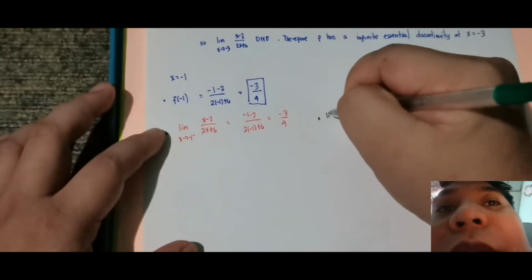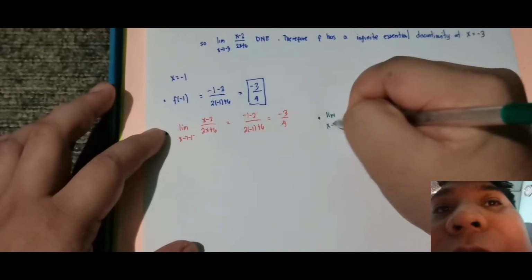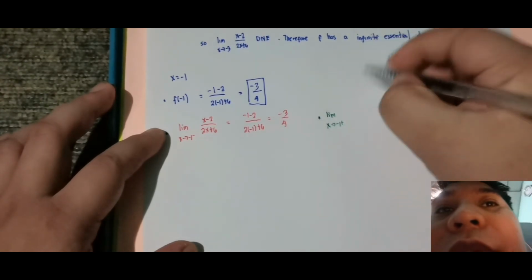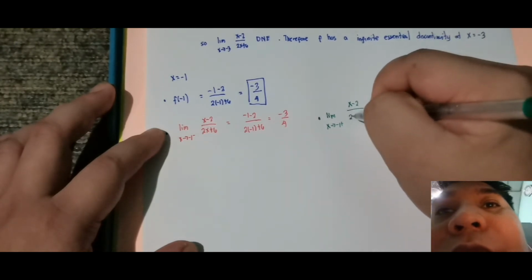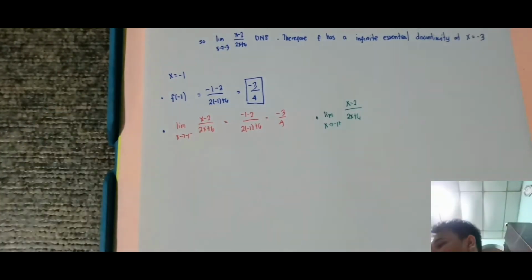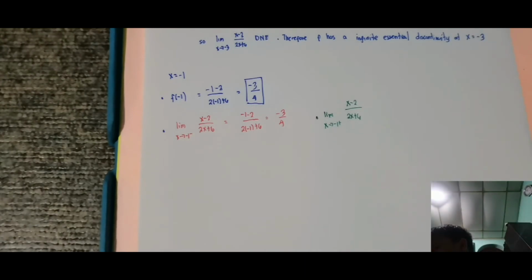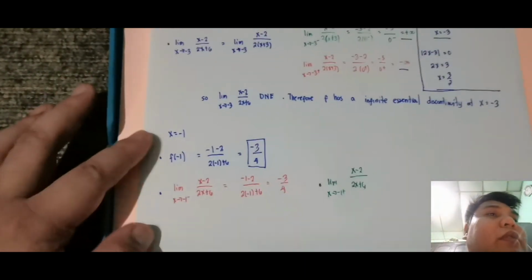Okay, the next kunin natin yung kanyang from the right. So kunin natin limit as x approaches negative 1 from the right. Sorry, nagkamali ako.